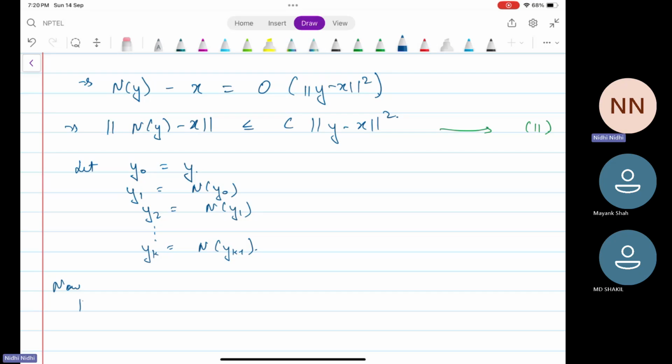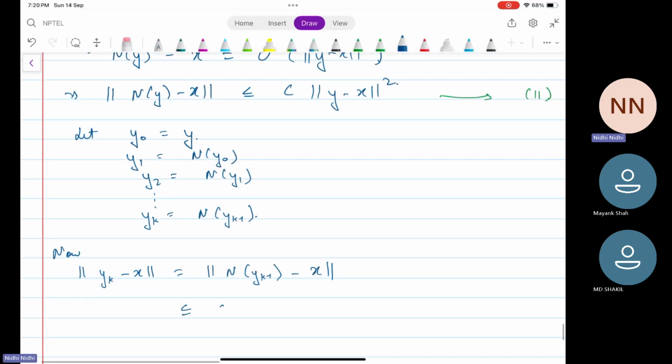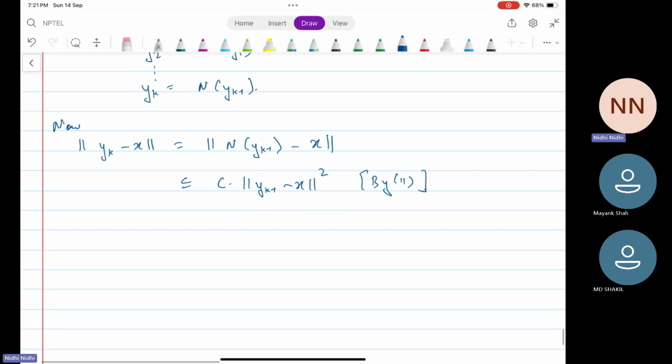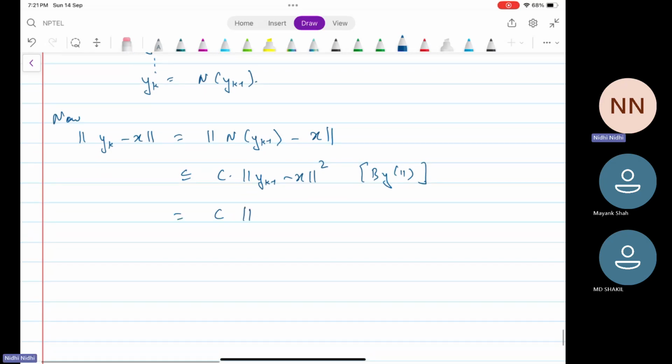Now, norm yk minus x is equal to norm n of yk minus 1 minus x. Now, this is less than or equal to c times norm yk minus 1 minus x, squared, by the above equation 2. Now, this is equal to n of yk minus 2 minus x square by definition.